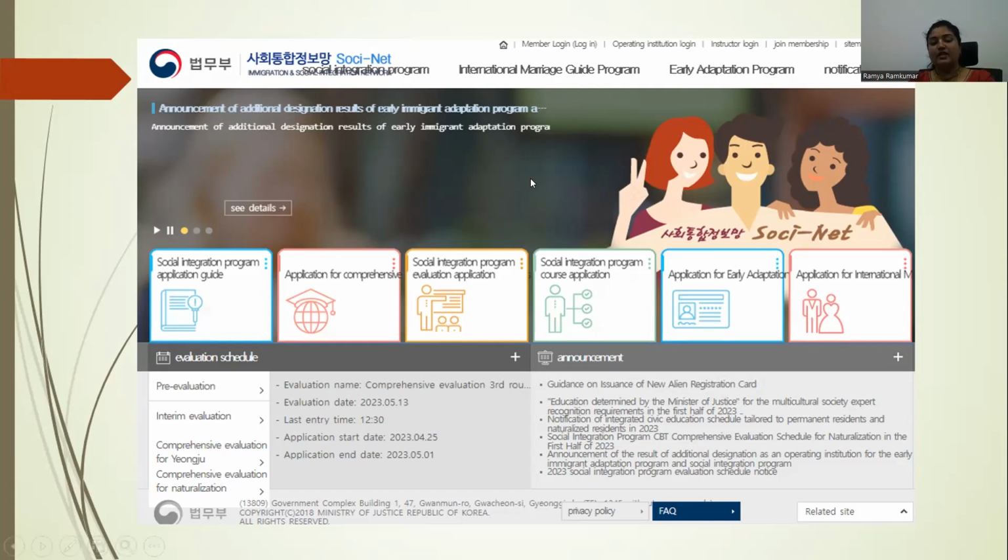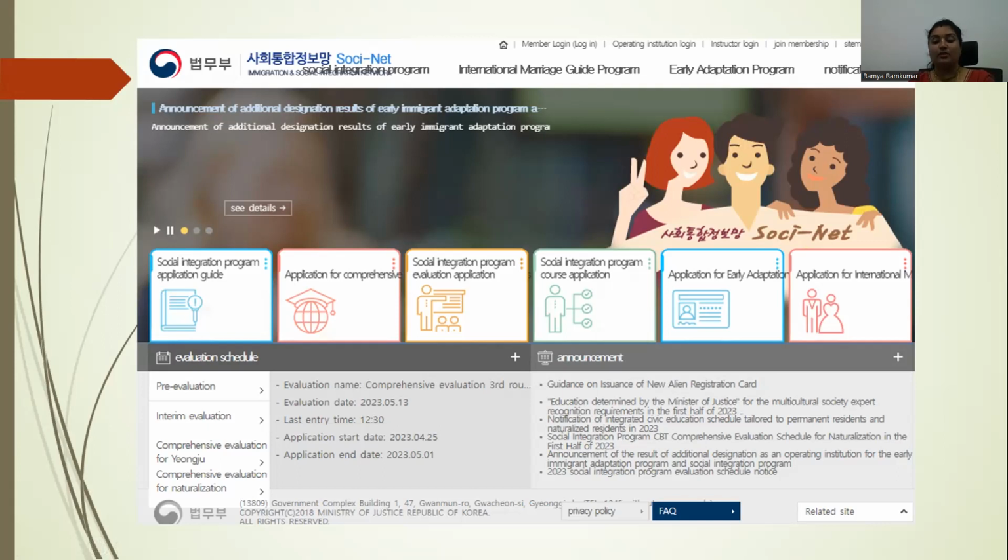We are interested in this, where you can see a green person icon, called Social Integration Program Course Application. We have to look for this tab, and then register going inside it. When you want to register for any course, you have to go inside this tab and register. This website is also very user-friendly because it's in English, so it's all very easy.